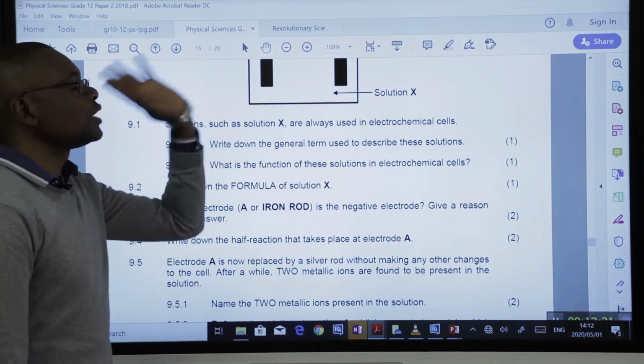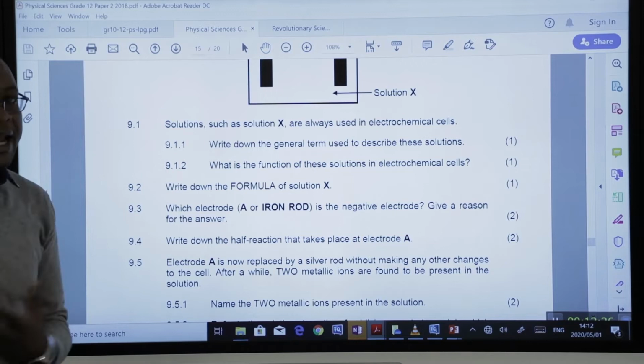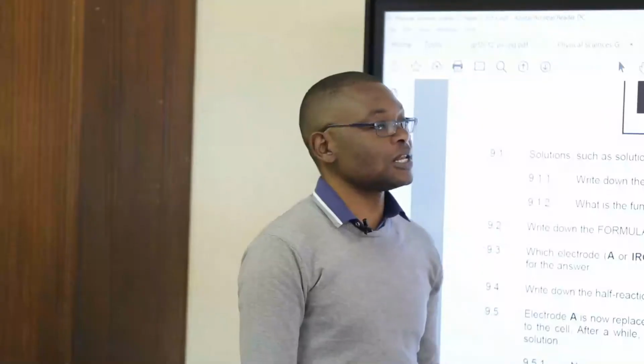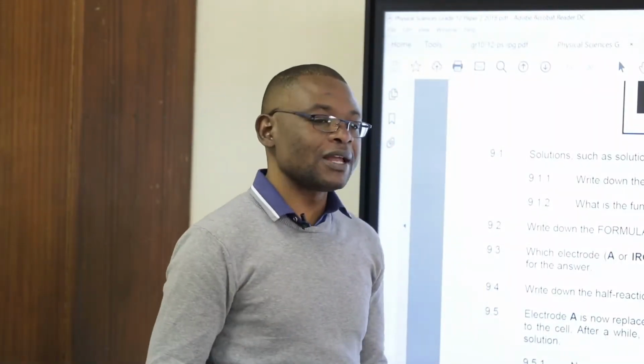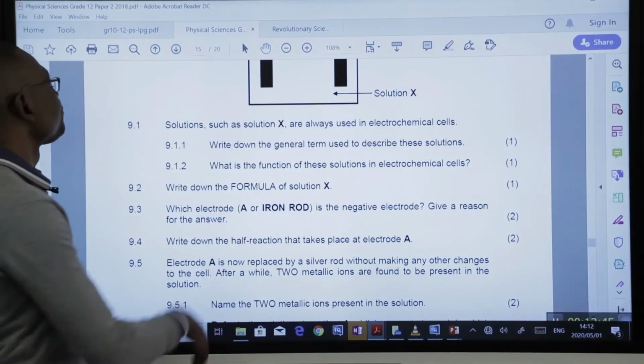So yes, solution X is generally referred to as an electrolyte, and in this case we are saying this electrolyte is some kind of a nitrate in aqueous solution, okay?